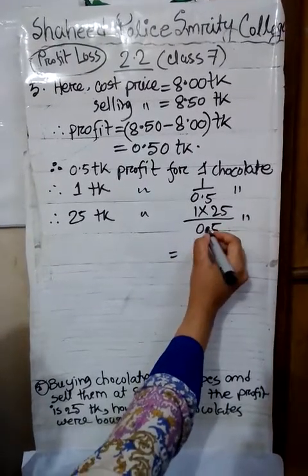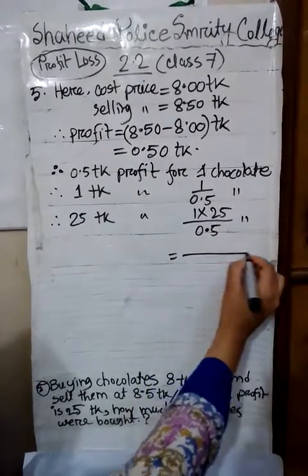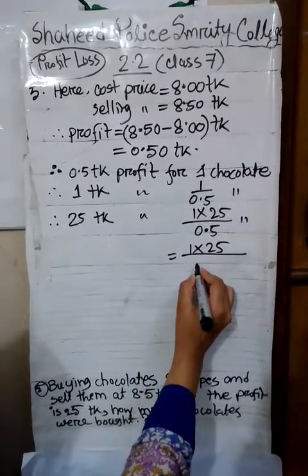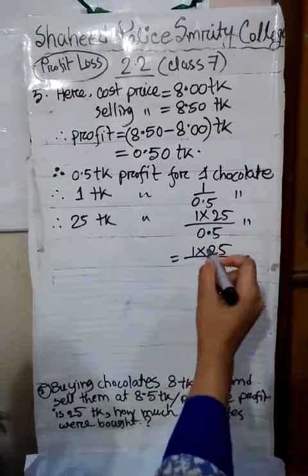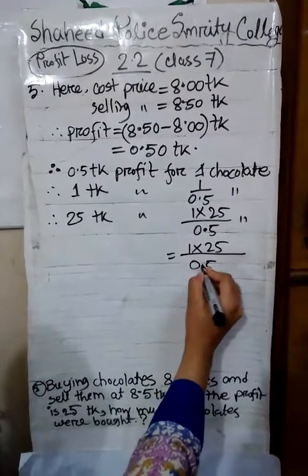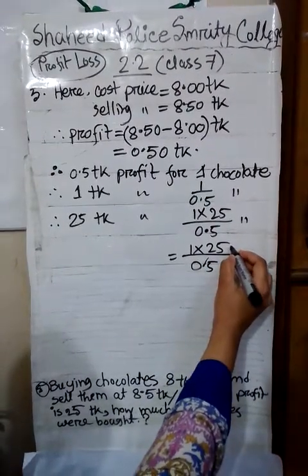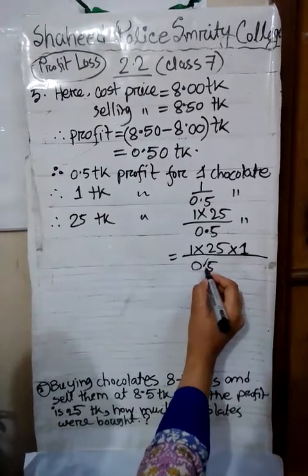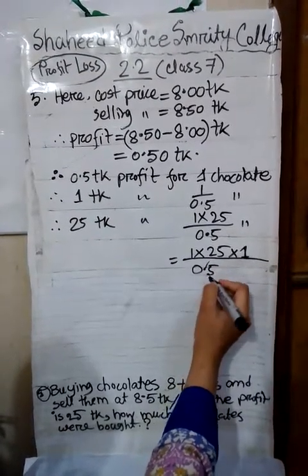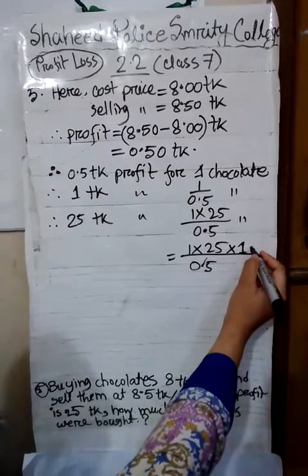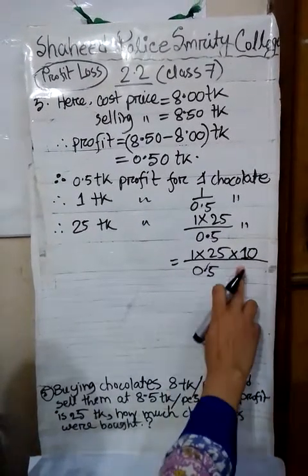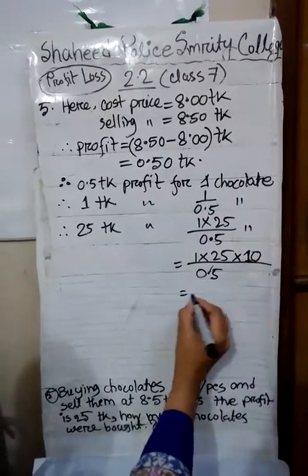So we have to erase the point. If we erase the point in 0.5, then we have to multiply 1 with the numerator, and after the decimal there was 1 digit, so we have to add a 0 beside the 1.